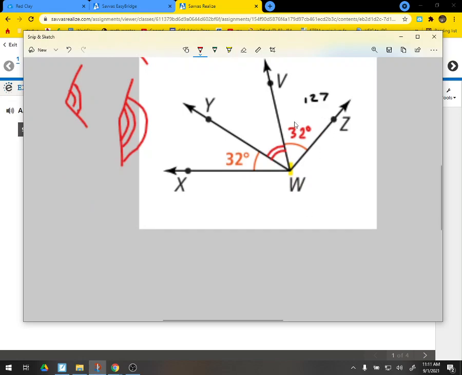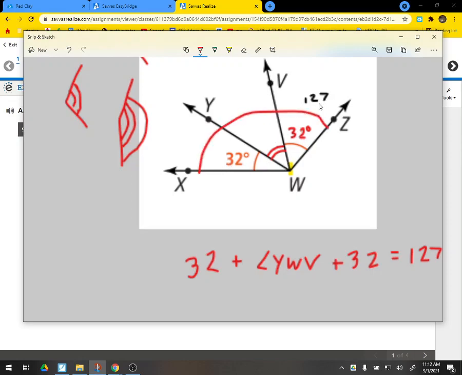And then I know that if the whole thing's 127, then I could say 32 plus angle YWV plus 32 equals 127. All 3 of those angles add up to the whole thing, which is 127.